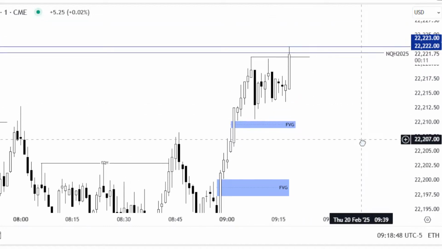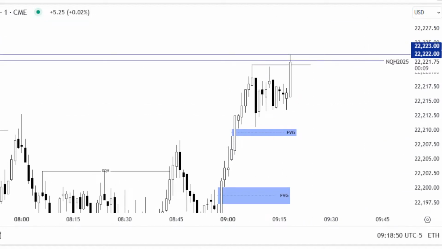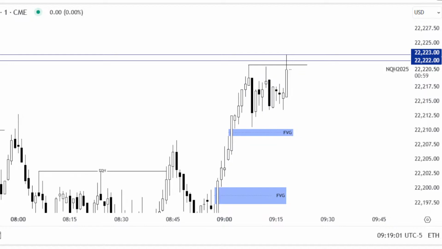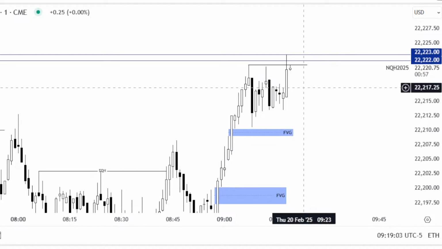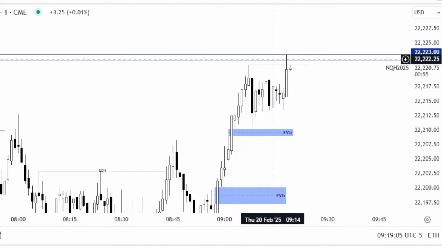Right, see there's the spike. See how that spike filled that gap perfectly.